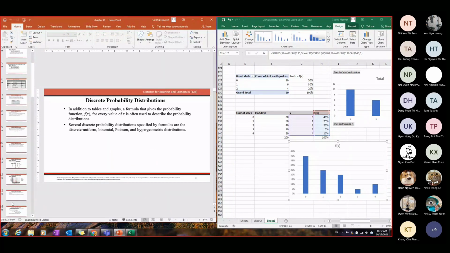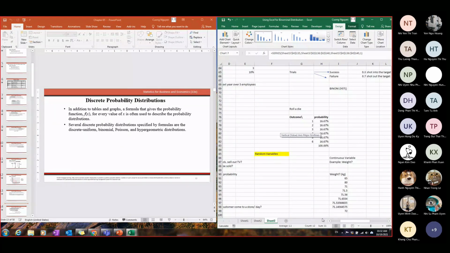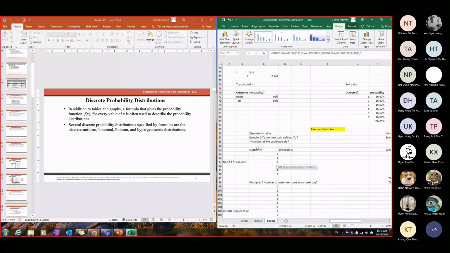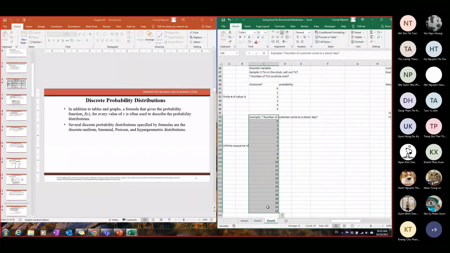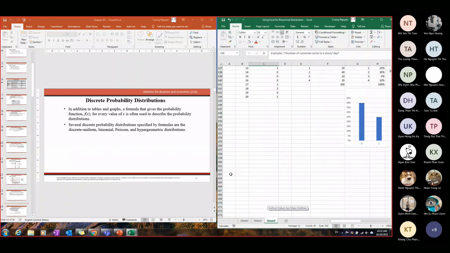Okay, another thing. We will talk about the different kinds of distribution. We will apply it for 2 main cases: if the data have a finite result like this or have an infinite result like this, we have 2 different kinds of distribution we talk about.